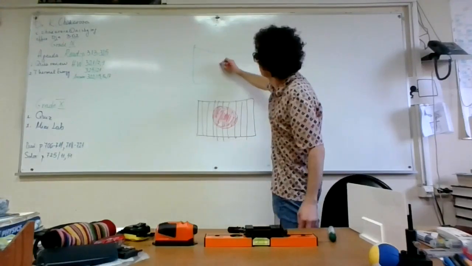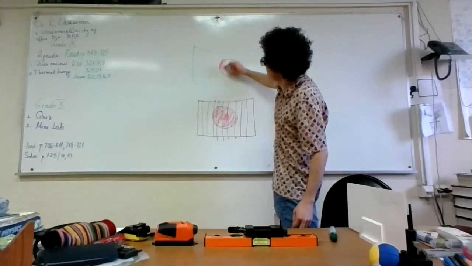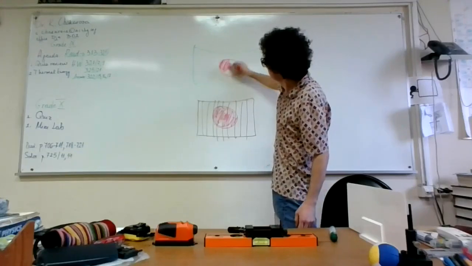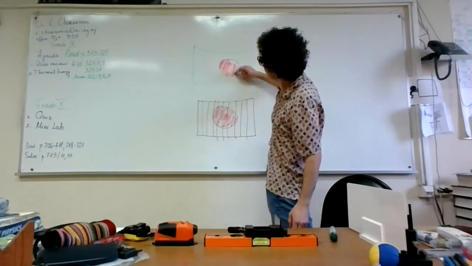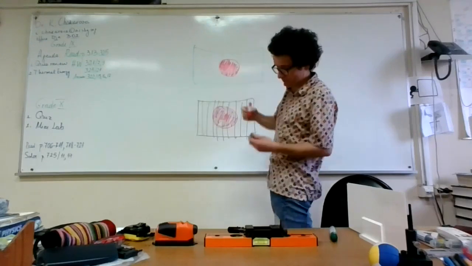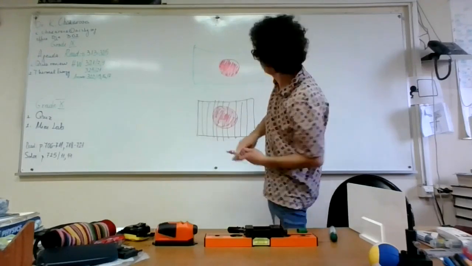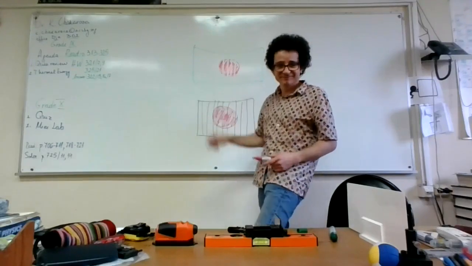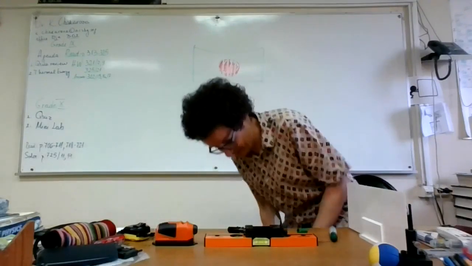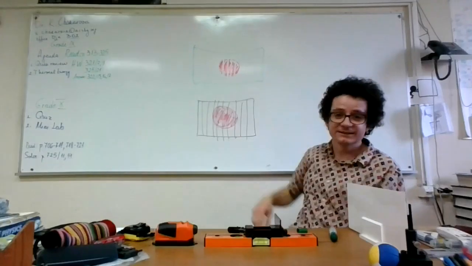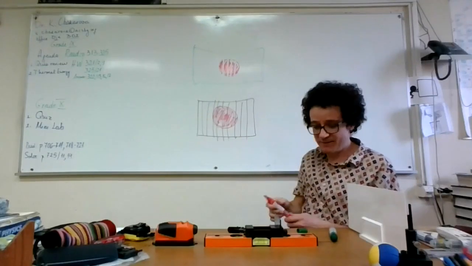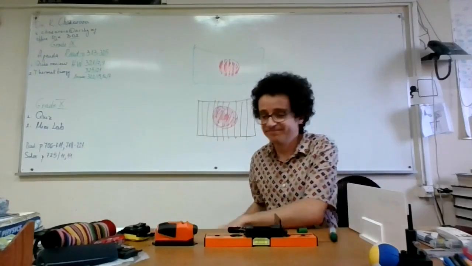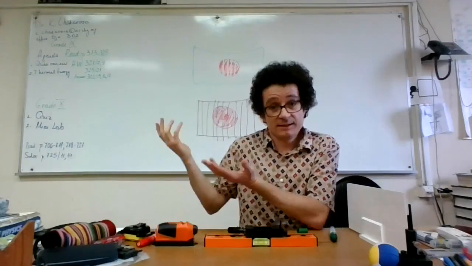Well, maybe the same dot, but divided. Then I see maybe the grating over there with empty spaces. So let's see what's gonna happen. I'm gonna turn off the light.